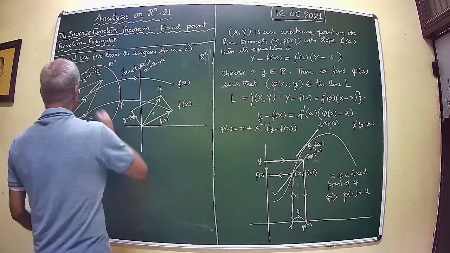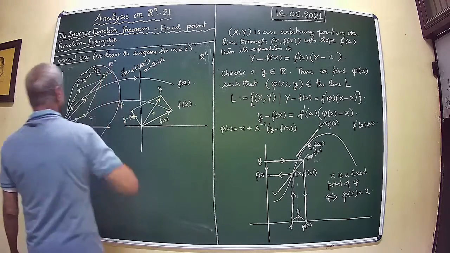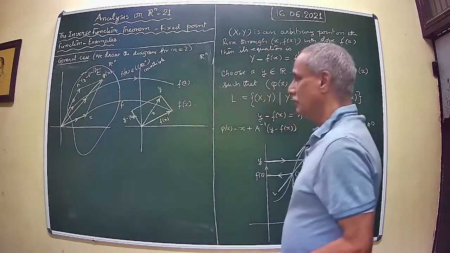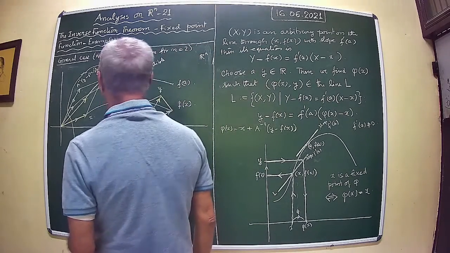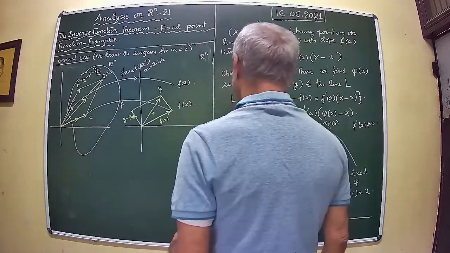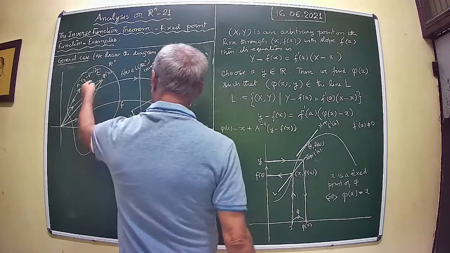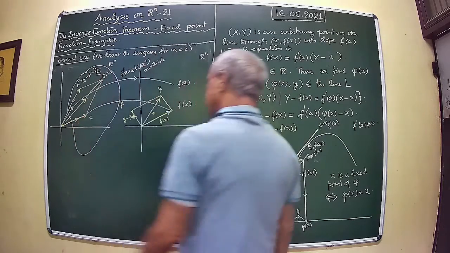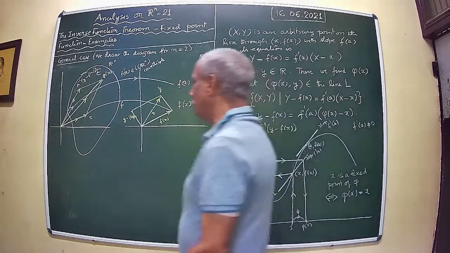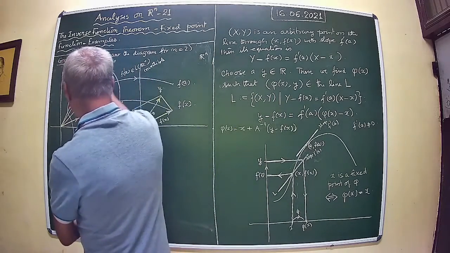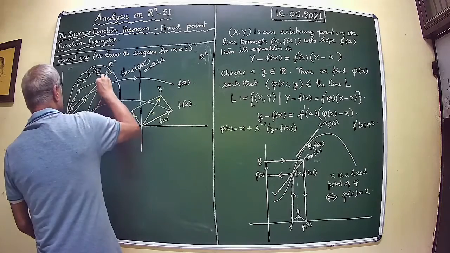This is the vector phi x. So the map that you have in the domain E is from here to here.